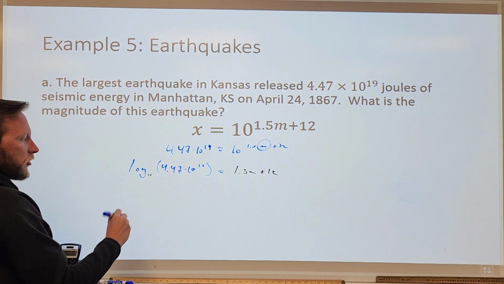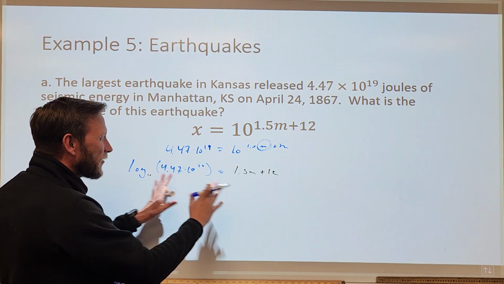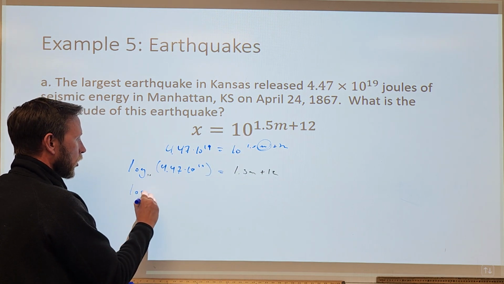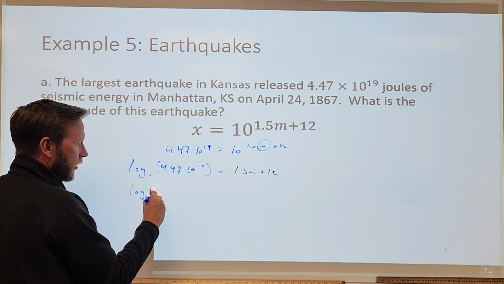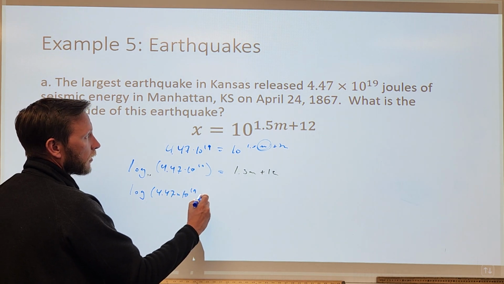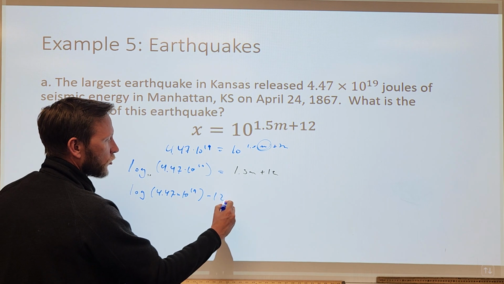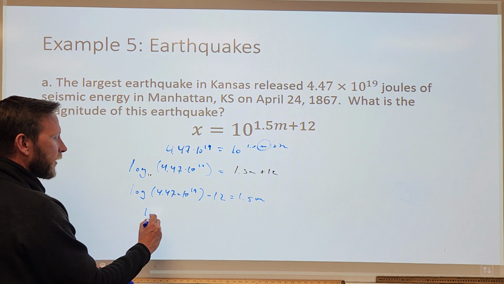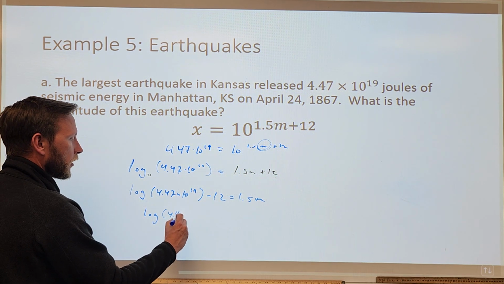So if I want to solve this equation, let's leave all of this written the way that it is, but we're going to subtract 12. Log of 4.47 times 10 to the 19th minus 12 is equal to 1.5m. But then on both sides, I'm going to divide by 1.5.